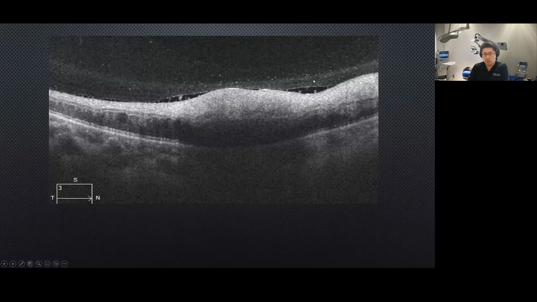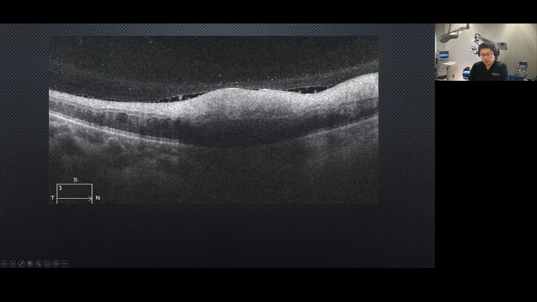Now we already know there's only a few conditions that result in these dots, and so it's either vitritis or it could be hemorrhage. There's hyperreflectivity of the nerve fiber layer associated with thickening of the fiber layer. And because of the edema of the nerve fiber layer, you get blocking of light and obscuration of the underlying retinal images.